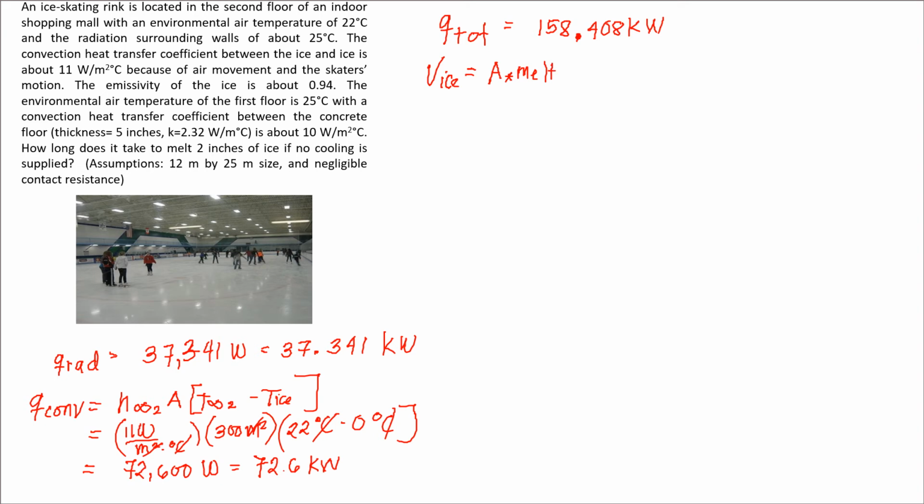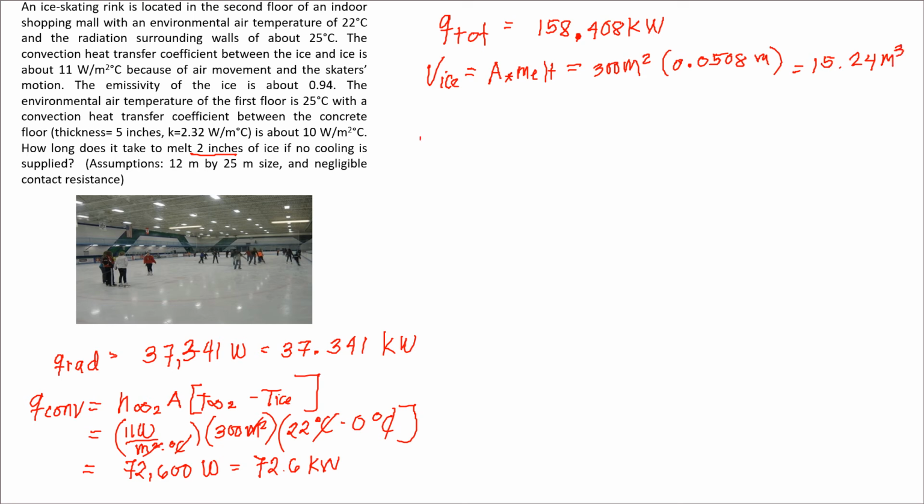Now, going from previous values, we have 300 meters squared of area multiplied by, when we convert this 2 inches into meters, 0.0508 meters, and the volume is just equal to 15.24 meter cube.